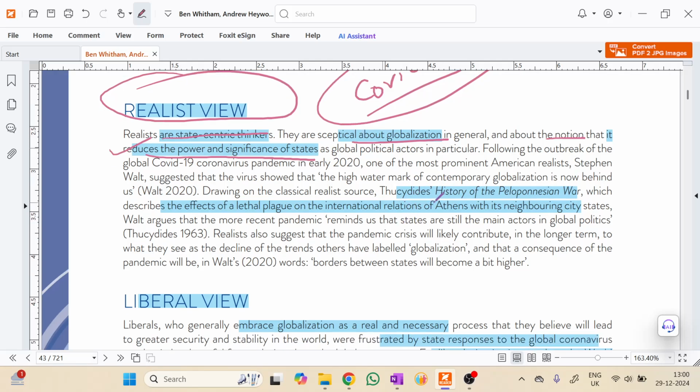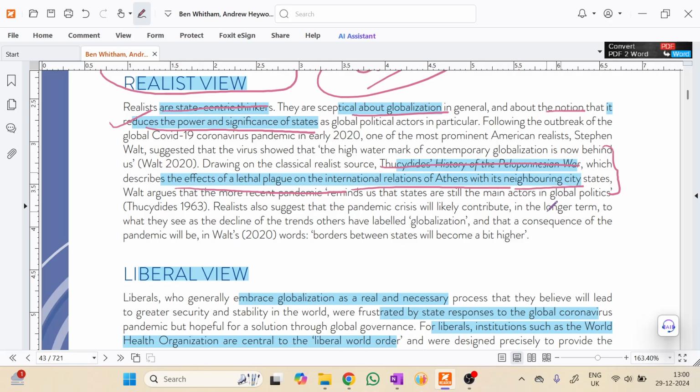And you might have heard about Thucydides, his book, The History of Peloponnesian War, which described the effect of lethal plague on the international relations of Athens with the neighboring states.